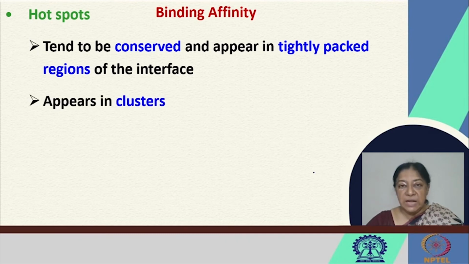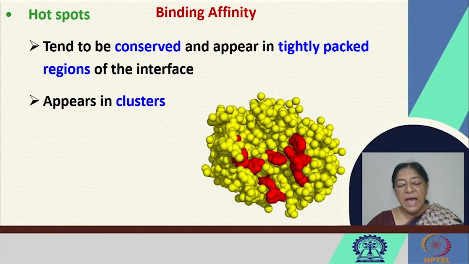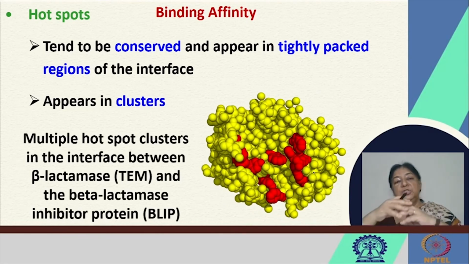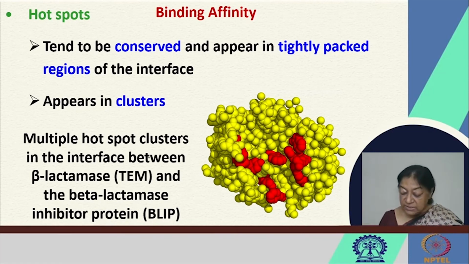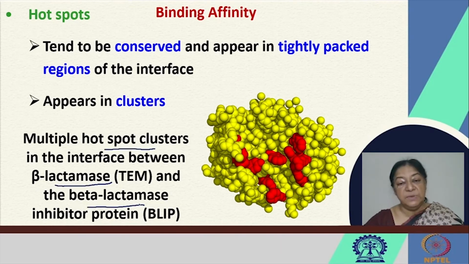They appear in clusters, and there are specific hotspot clusters in specific proteins at the interface that are the result of this specific interaction. In this case, this is an example of a hotspot cluster between the beta lactamase and the beta lactamase inhibitor protein.